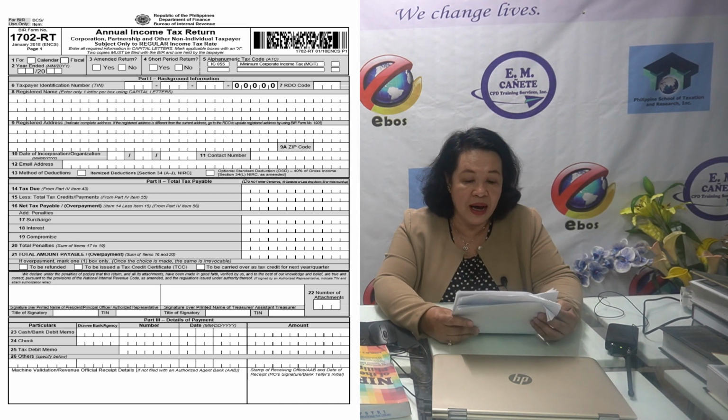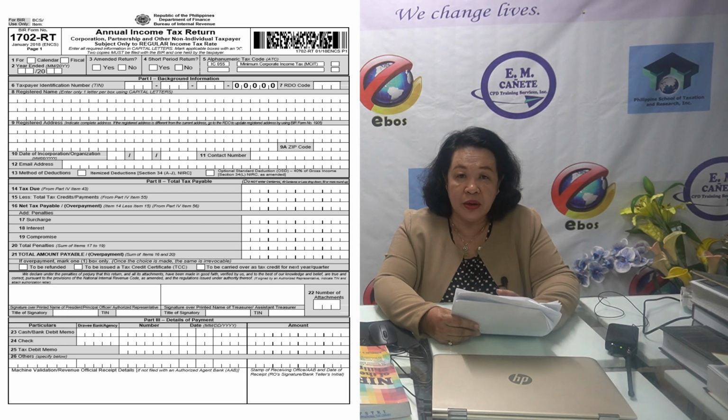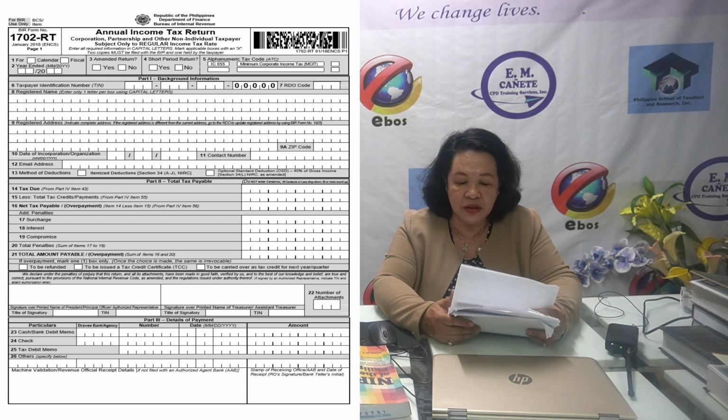Number 5, we have alphanumeric tax code. This alphanumeric tax code, IC 055, means minimum corporate income tax, or MCIT. And another for the domestic corporation, because our income tax return that we are using now is the 1702RT for the domestic corporations and for the resident foreign corporations, then we will be using the alphanumeric tax code of IC010 for the domestic corporations in general.